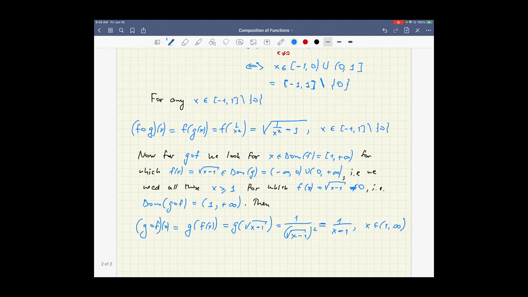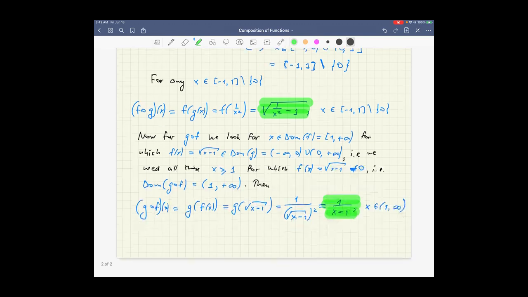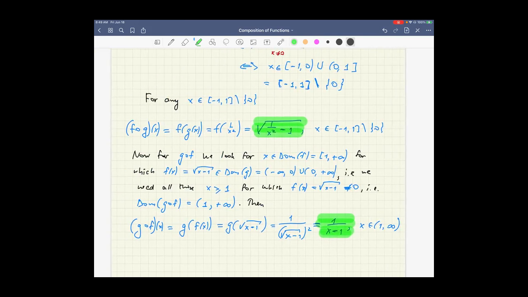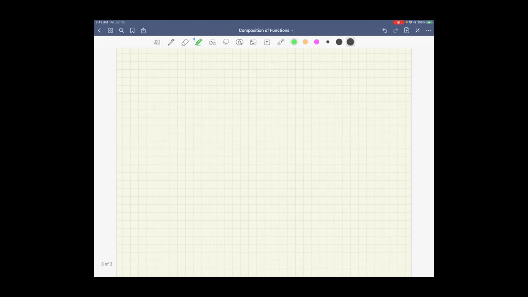In particular, it's very important to note here that f composed with g and g composed with f are two different functions. They have different graphs. In fact, it's easy to draw the graphs. Let me show them to you. The graph of f composed with g.